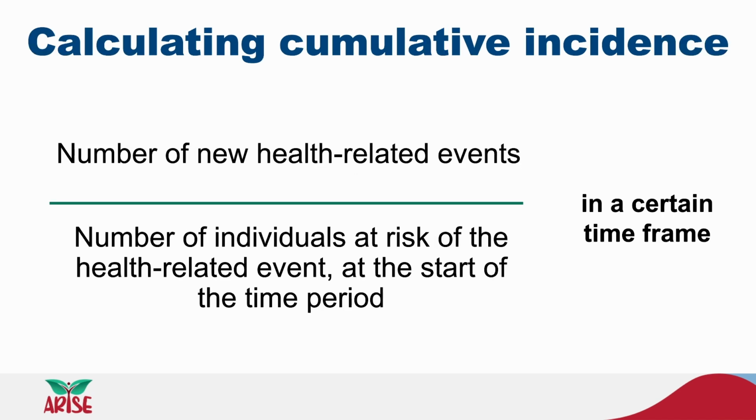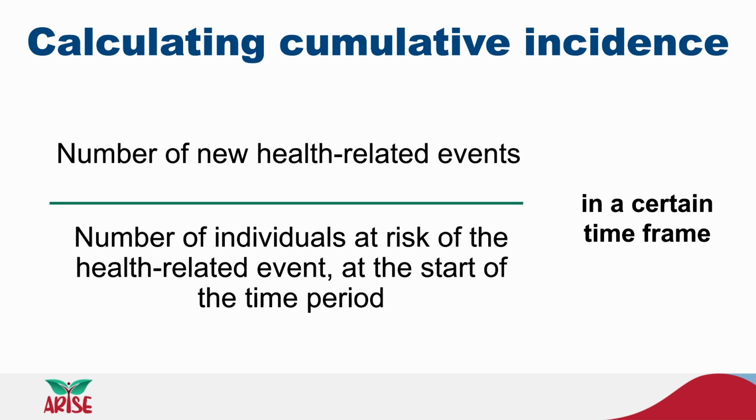So if someone says that they are talking about incidence, they generally mean cumulative incidence. We calculate cumulative incidence as the number of new health-related events in a certain time frame divided by the population of interest, which is measured at the start of the time frame.